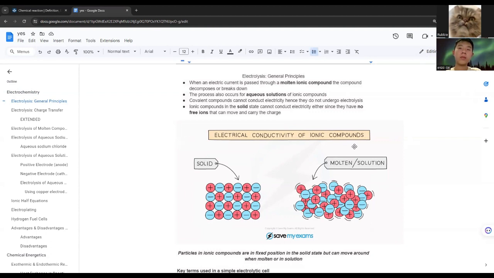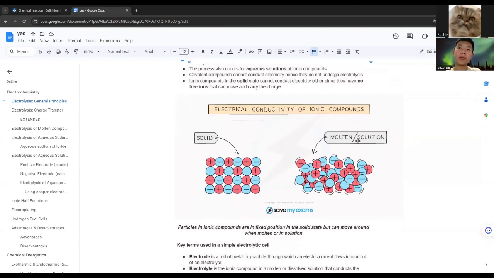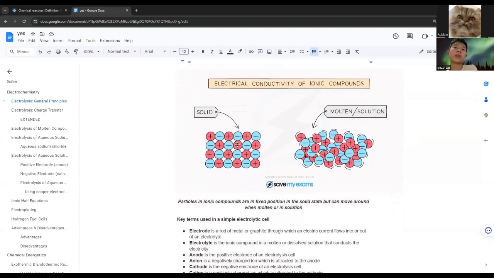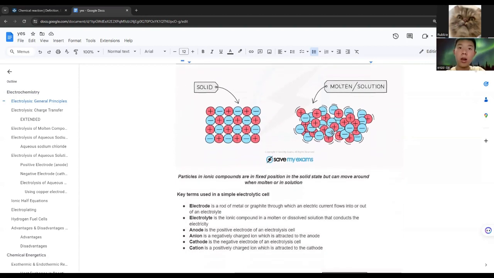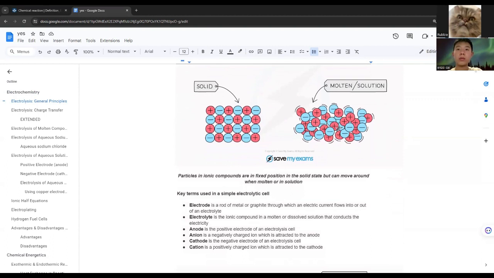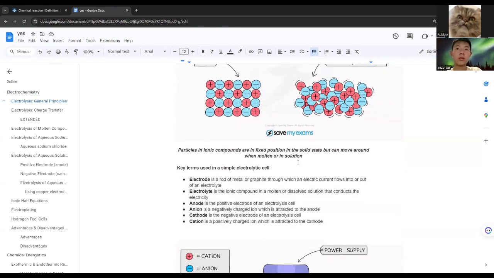With it being molten or in a solution, the electrons are free flowing and therefore energy can pass through them. You see here, in solid they're just in a lattice formation, but in the molten or solution, it is swarming around.